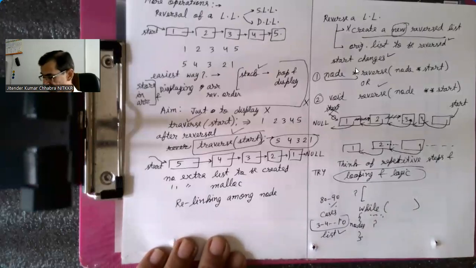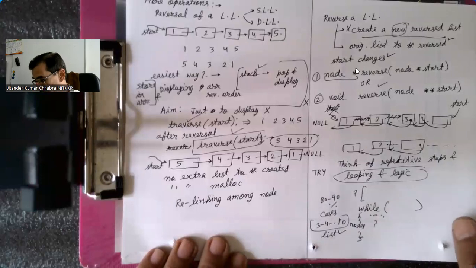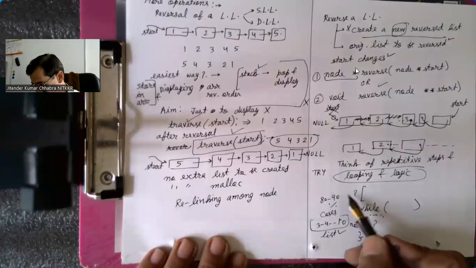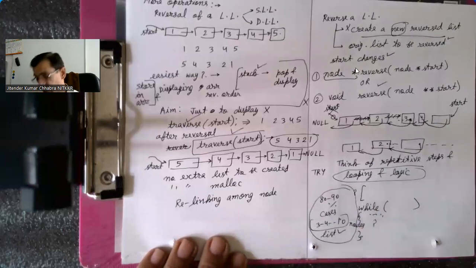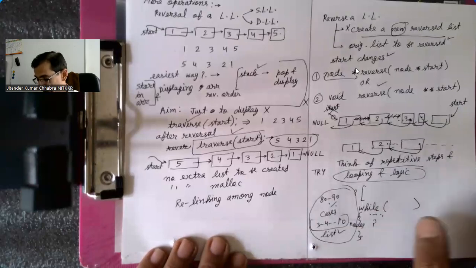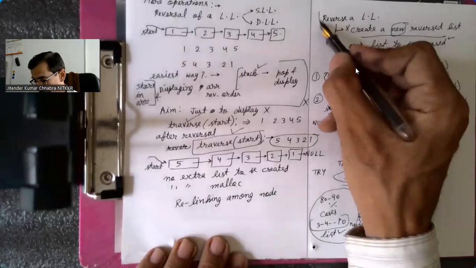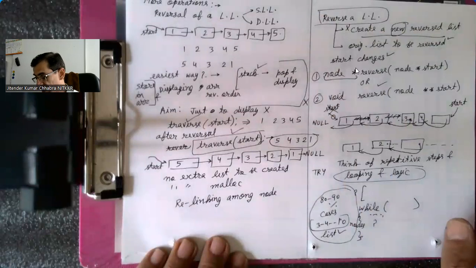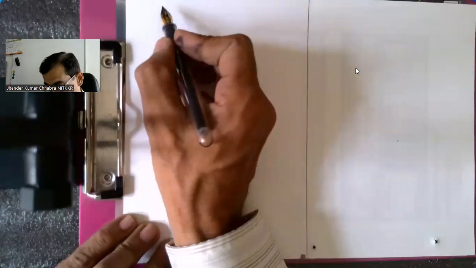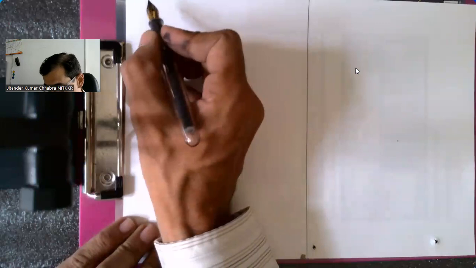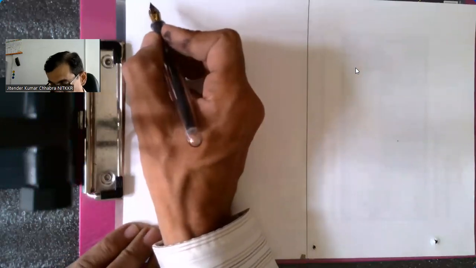Then we can think of a list having only 1 node, 2 nodes, or 0 nodes, etc. But if you are able to think of this 90% case, the rest of the code will be simple. So those who want to try, I must say that yes, do that. And those who are ready, they can see with the video. Otherwise, you can pause the video and then you will be able to see after you are ready. So once you resume, I will be starting after a few seconds pause.